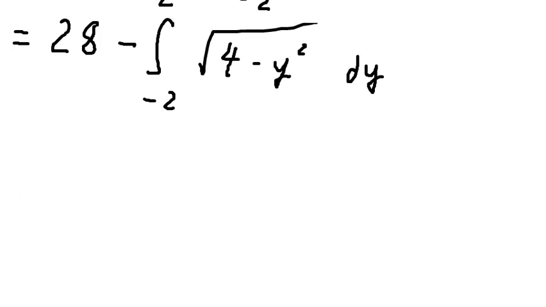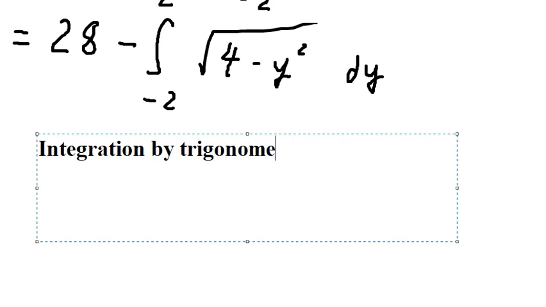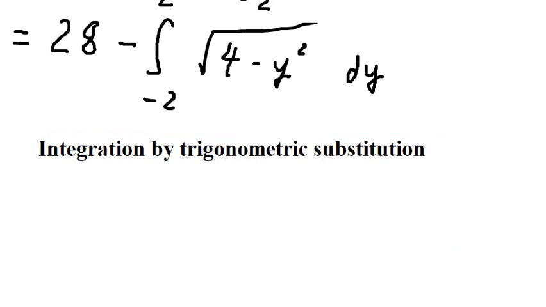Next, we can use integration by trigonometric substitution. So I will put y equals 2 sine t, because if I put this one in here, we have 4 sine t squared, 4 and 4.